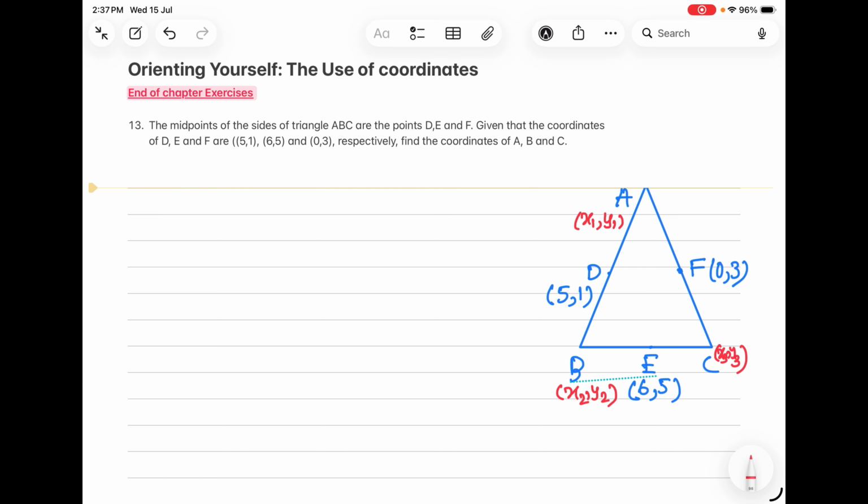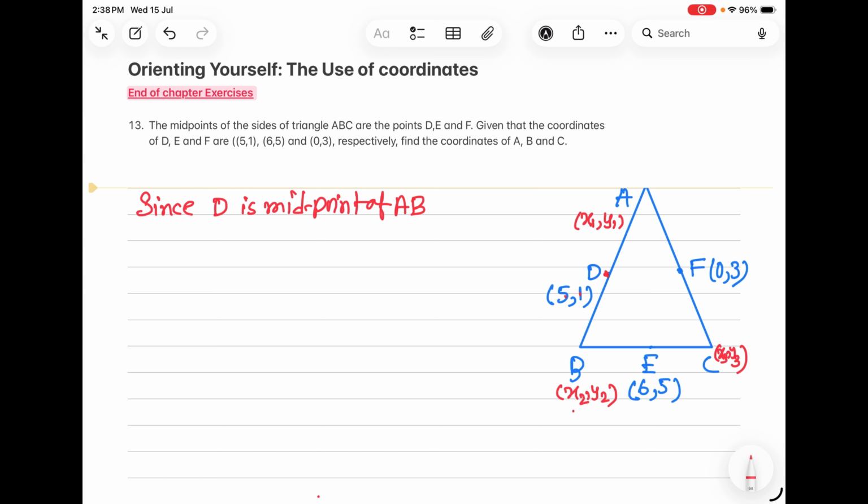Since D is the midpoint of AB, we can write 5 equals x1 plus x2 by 2 by the midpoint formula. Similarly, 1 equals y1 plus y2 by 2.